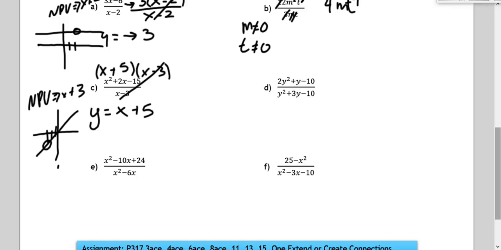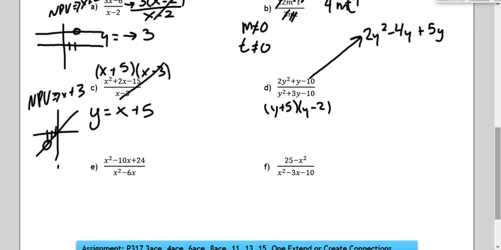Okay, let's do some more factoring. This is y plus 5, y minus 2. This needs to be factored by decomp. Two things that multiply to -20 but add to 1 is my favorite one, because it's the one I remember the most. Remember, this is factoring by decomp, so make sure to break it down.